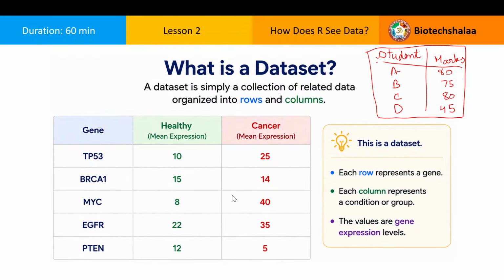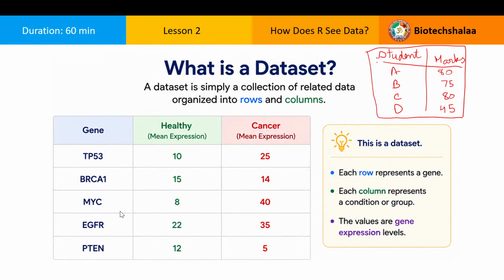Before learning the R commands, you need to understand what R is reading, because R doesn't magically know about biology. R does not know anything about biology. It only sees data which is arranged in rows and columns.